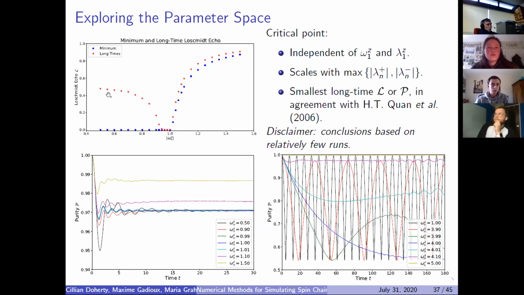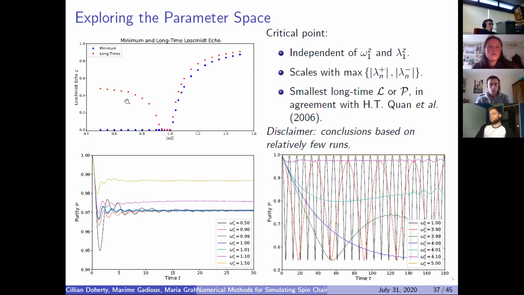And as you can see, at the critical point, 1, we get a very sharp increase in both the minimum and the long time Loschmidt echo, which is the same result as Rossini et al. It's what characterizes this critical point. Note that this would also be seen if we had used the purity, because as I mentioned, there's a strictly increasing function relating L and P.